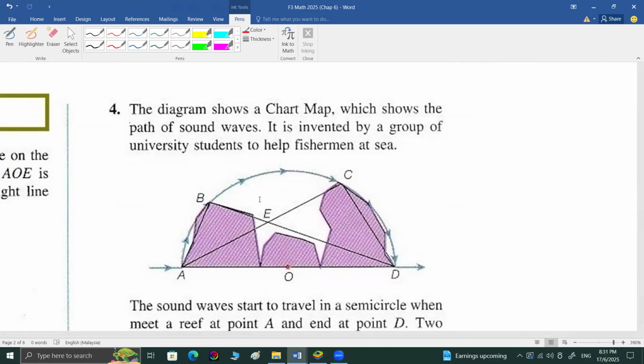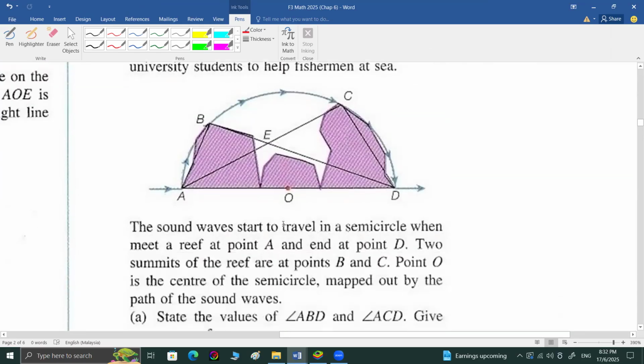Okay, look at this. The diagram shows a chart map which shows the path of sound waves. It is invented by a group of university students to help fishermen at sea. You don't care about all this. As long as you know that this is a semicircle, you follow whatever was taught to you.